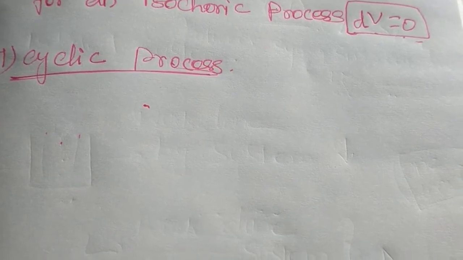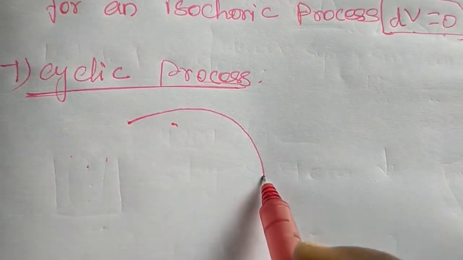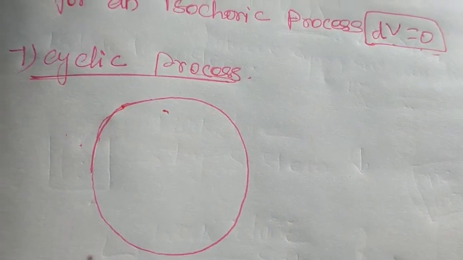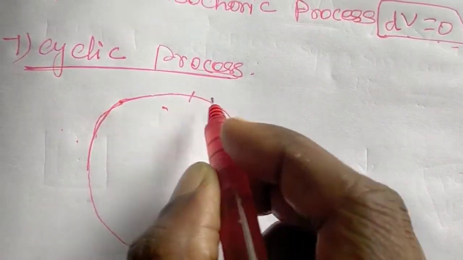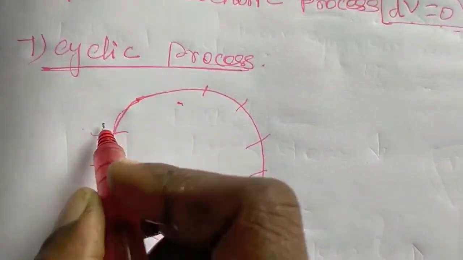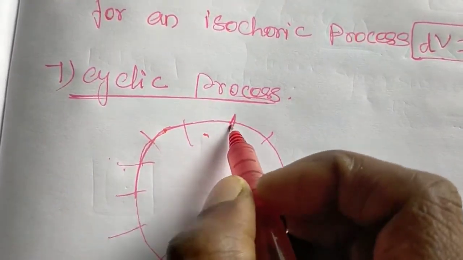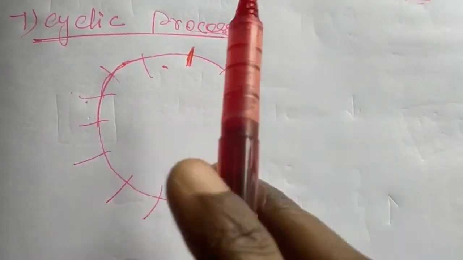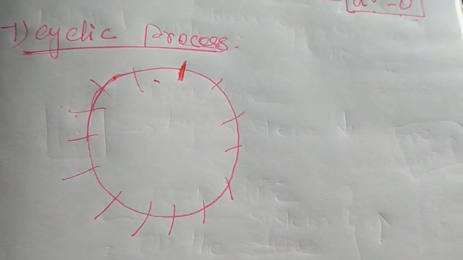When a system returns to its original state after completing many changes in one series, that is known as a cyclic process.